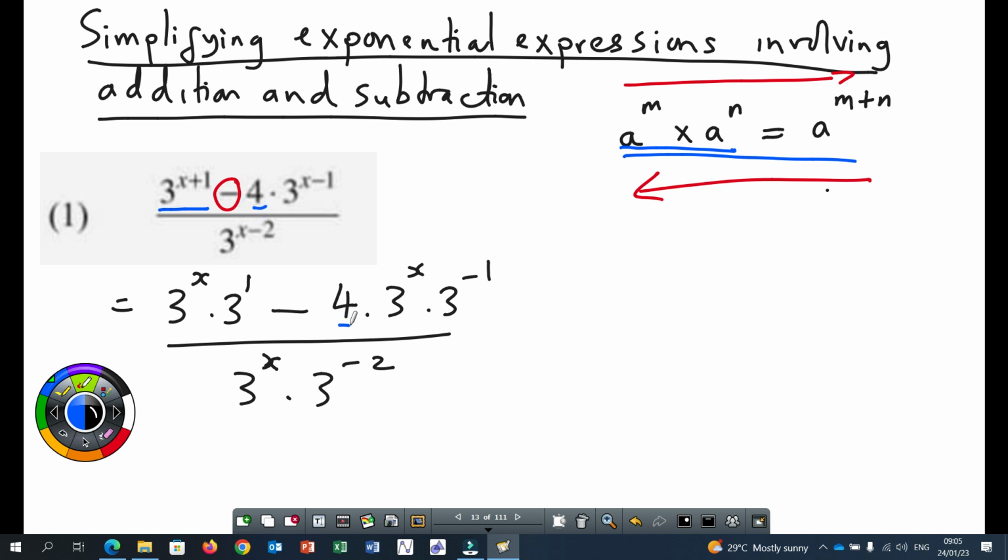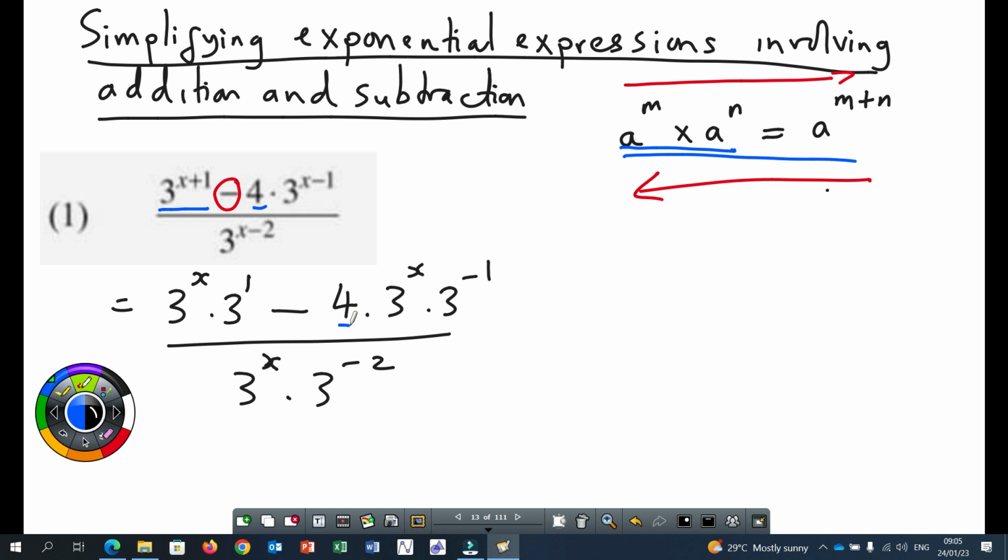There's no need to convert it to a base of 2. Then 3 to the power of x minus 1 will be equal to 3 to the power of x times 3 to the power of minus 1. I'm using law 1, moving from the right-hand side of law 1 towards the left-hand side. The denominator, 3 to the power of x minus 2, becomes 3 to the power of x times 3 to the power of negative 2.